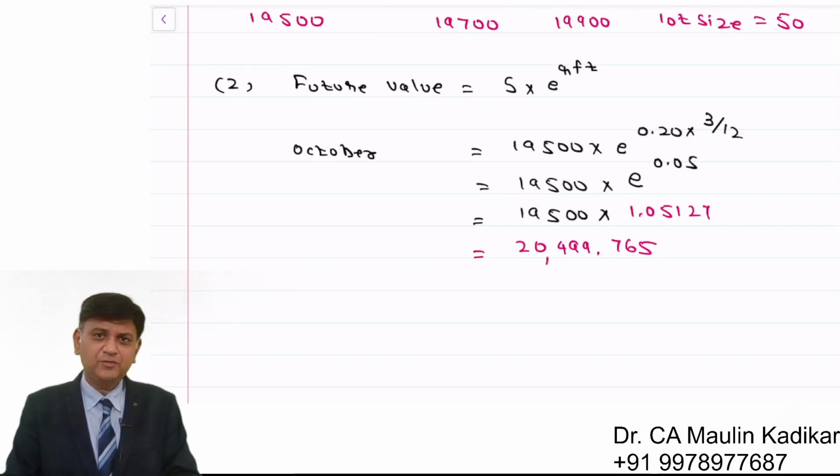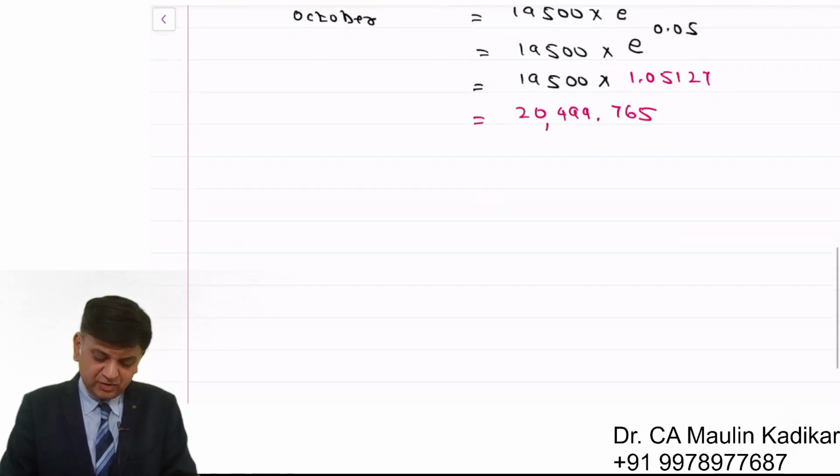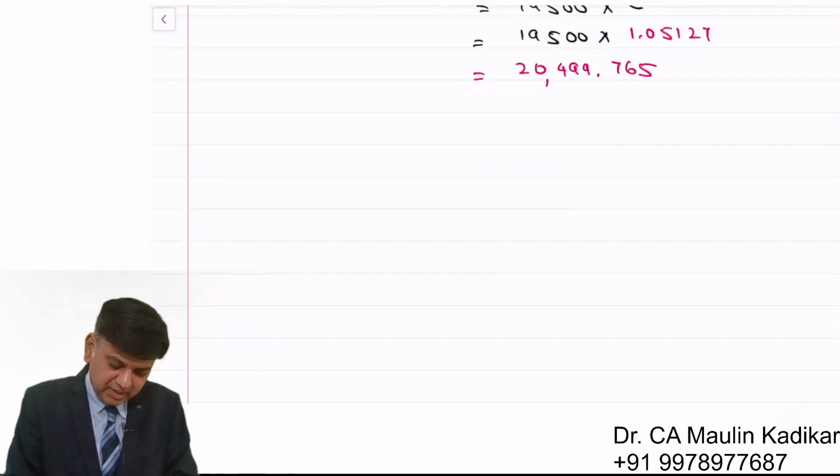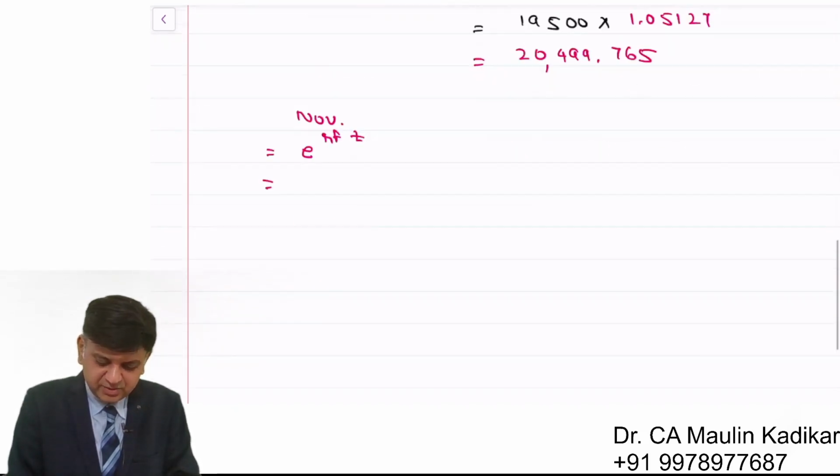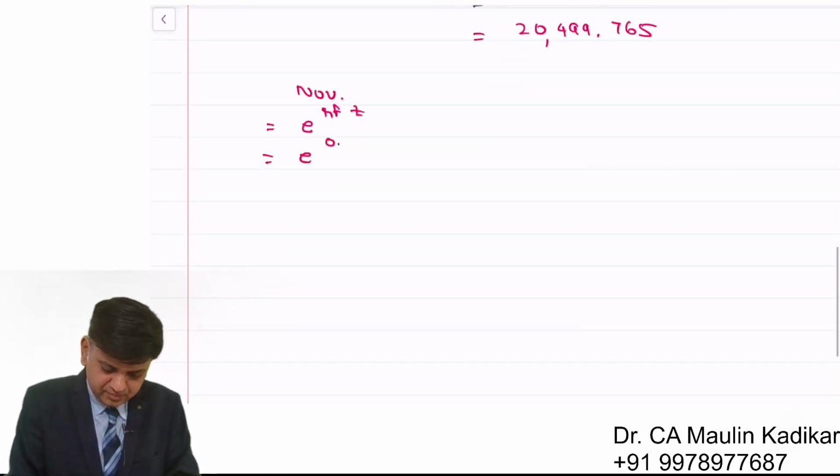Now for the month of November, we have to be slightly careful, because what will happen, dear students, as far as the November month is concerned, in that e raised to rf into t once again. The term rf is 20%. Time period would be 4 divided by 12.